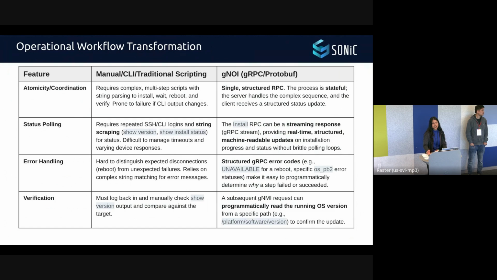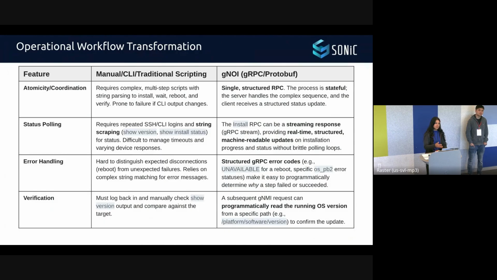Whereas in gNOI, you have a single structured RPC that is also stateful. The server handles all the sequencing. The client receives structured status updates, instead of polling with repeated SSH CLI logins and string parsing, which can be difficult to manage with timeouts and varying device responses.